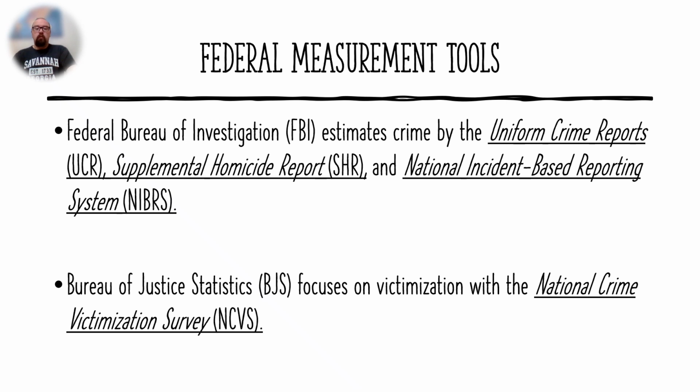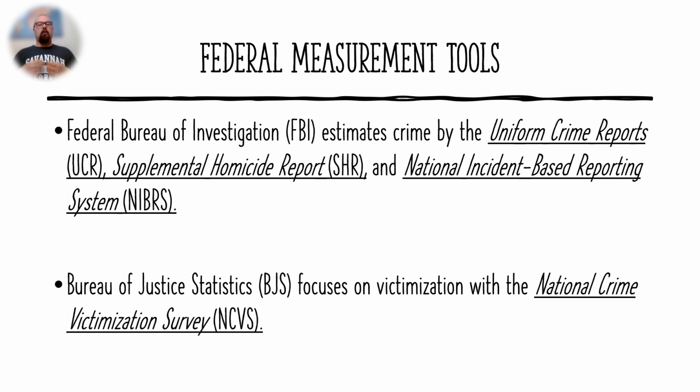So those tools that we just talked about are measured by different federal agencies. The FBI, or the Federal Bureau of Investigation, utilizes the UCR, the Supplemental Homicide Report, or the SHR, and the NIBRS. Those measuring mechanisms are under the Federal Bureau of Investigation.